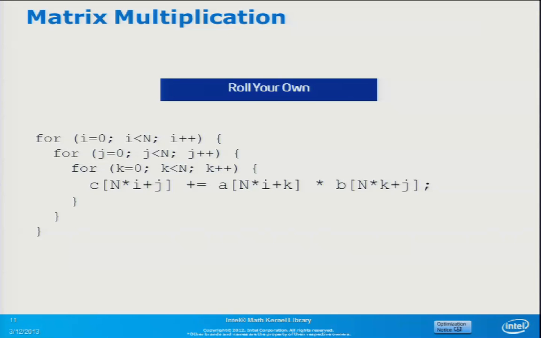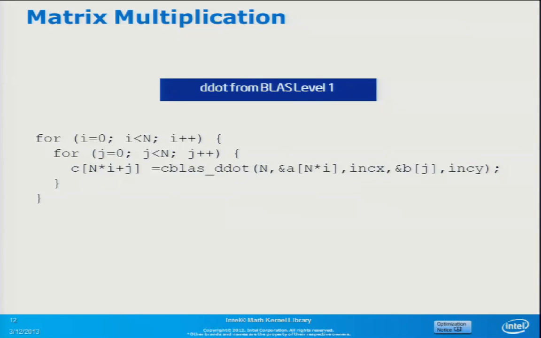Well, this is actually the explanation of what we would have done in the hands-on. This is a matrix multiplication. Right? That's very nice. A lot of people write it that way. This would be an implementation in BLAS level 1. So ddot basically means a scalar product between two vectors. So you do n squared many scalar products.